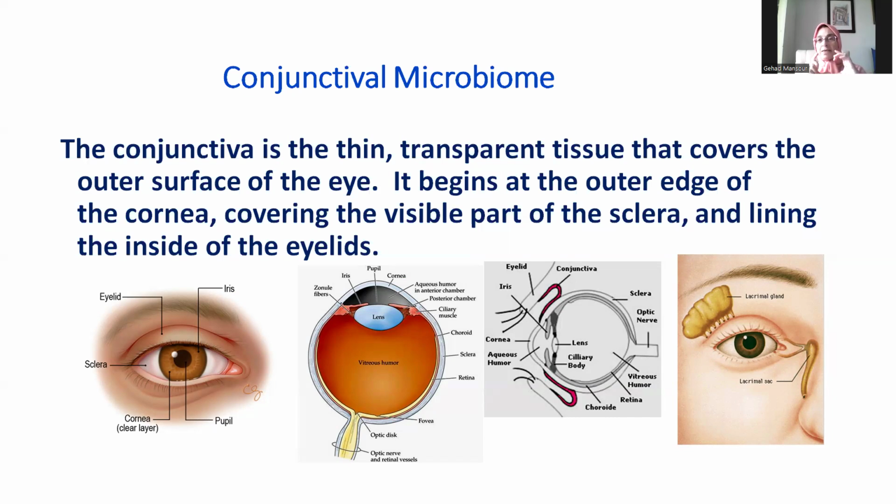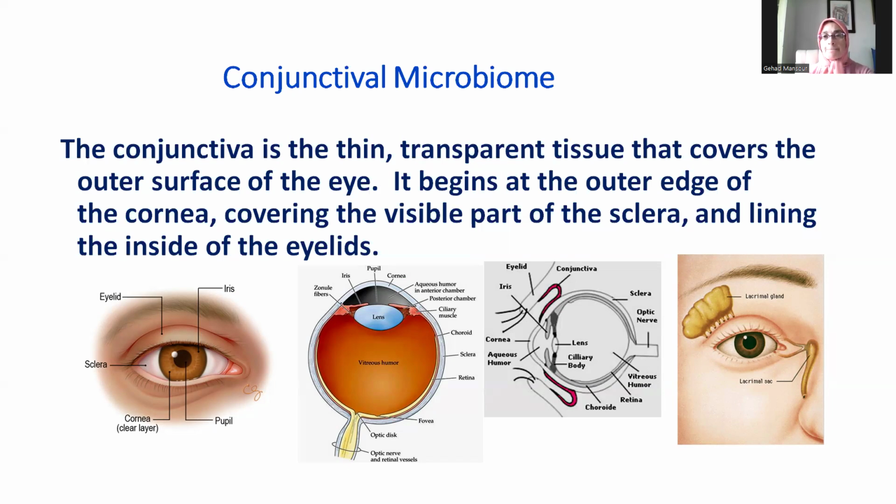And it starts at the edge of the colored part of the eye. It starts at the edge of the cornea. The cornea is the convex transparent thing in front of the pupil of the eye, and therefore it does not cover the cornea. The conjunctiva is very important because it is protective to the eye.